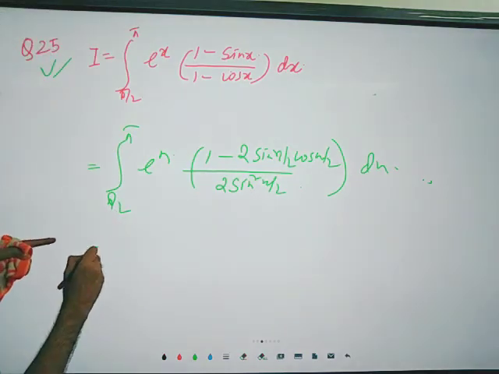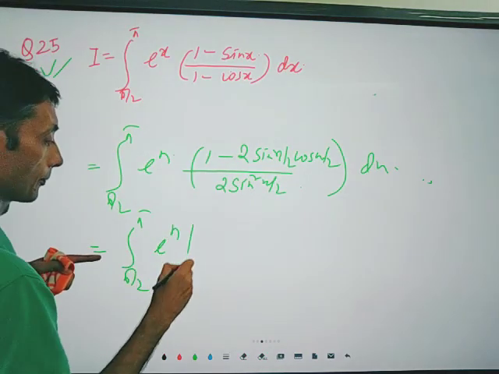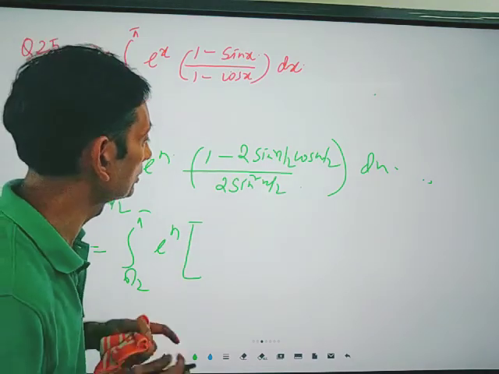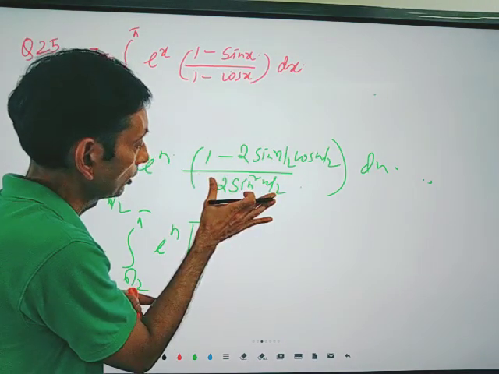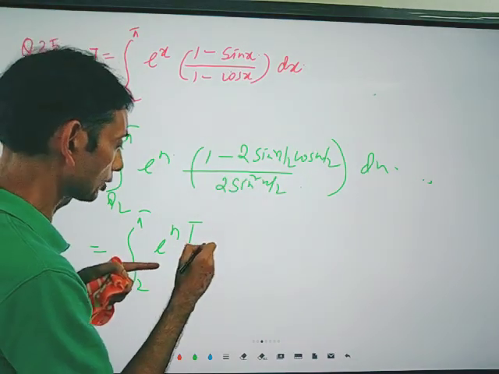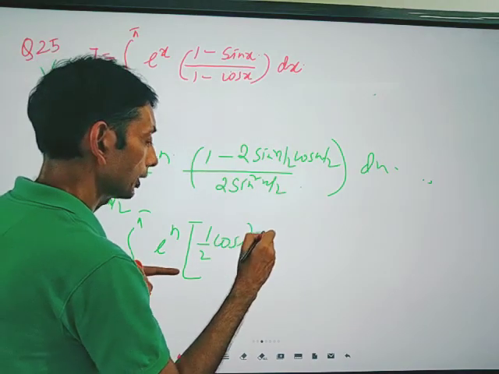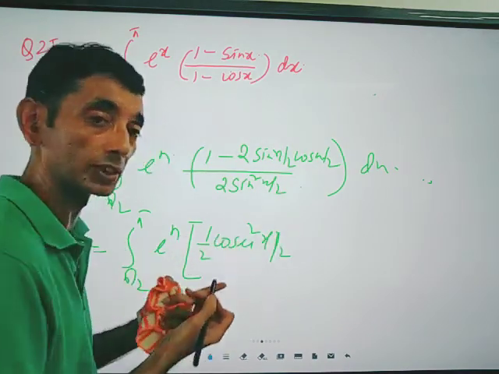Now, from pi by 2 to pi of e to the power x, what I'm going to do is divide 1 by this, 1 by 2 sin square x by 2. If we divide this, it will be half cosec square x by 2. This is the first term.